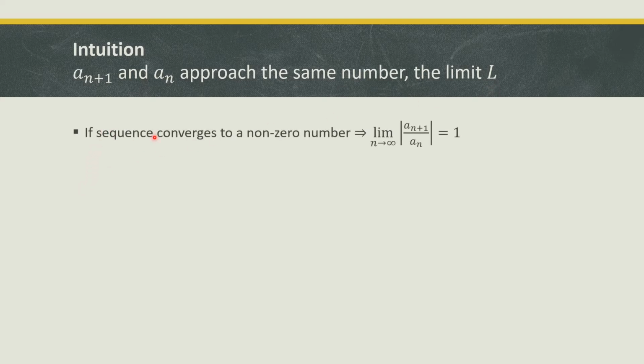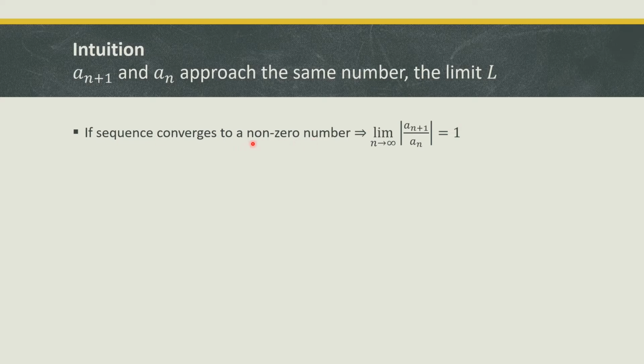And the first statement is rather obvious. We say that if the sequence converges to a non-zero number, so suppose we already know that they have a limit, then the limit of the ratio is equal to 1. And again, we have a condition here that says non-zero.